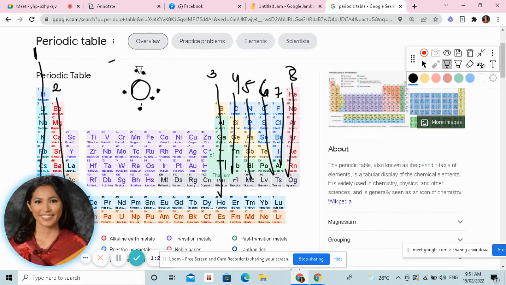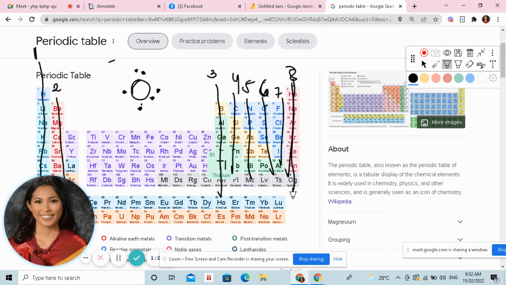So if it has six valence electrons, now we know that atoms react with other atoms in order to become stable, and in order to have the same electrons as the noble gases, which is in Group 8.